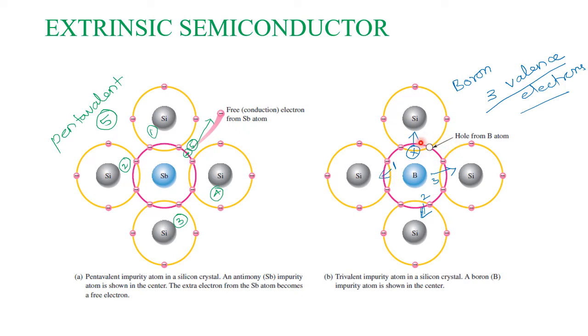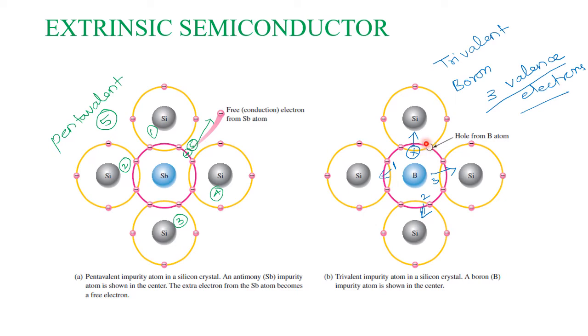All right, so if you add a pentavalent impurity, then you can have an excess of electrons. That is, a free electron is available. And when you add a trivalent impurity, boron is a trivalent impurity, there is an extra hole.